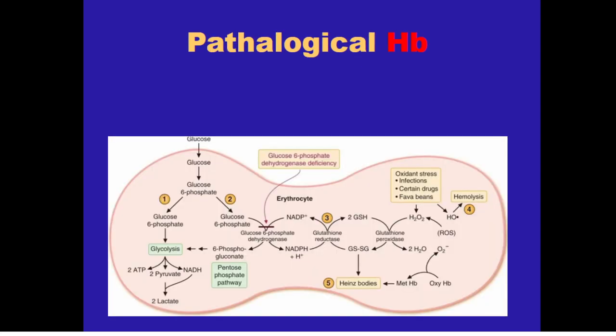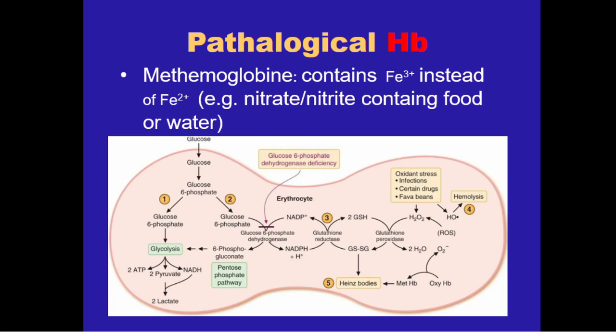agents will come to the blood, but normally oxygen can change our hemoglobin to so-called methemoglobin that contains iron 3 plus instead of iron 2 plus. This can be caused, for example, by uptake of food or water with nitrate or nitrite.